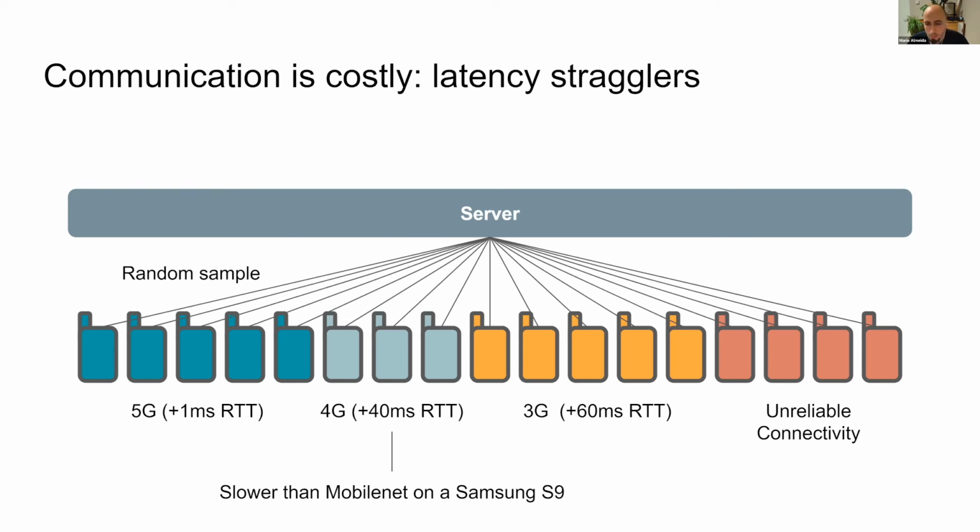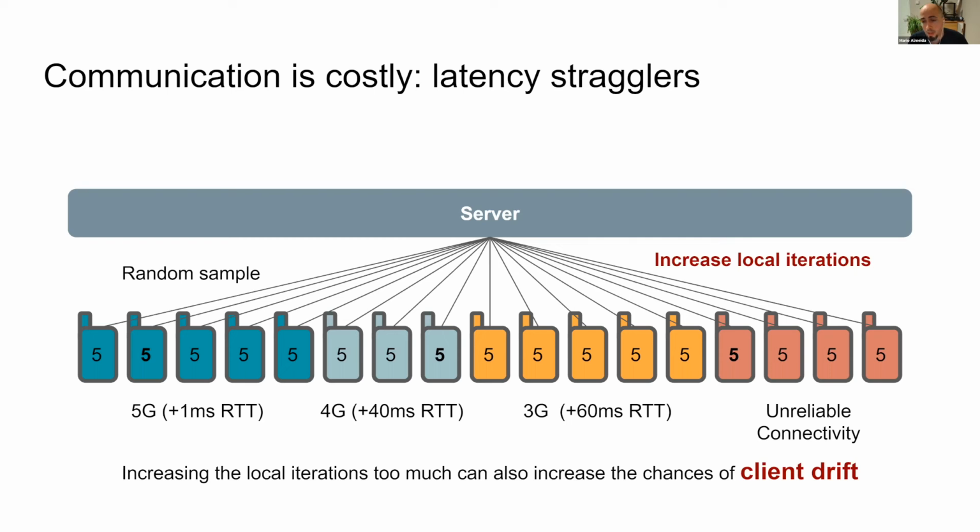So one way that you could tackle this straggler problem would be, for example, in the basic scenario, you typically run only a single step or iteration on the mobile phone. But if you decide that you want to run more local iterations, then you can understand that now you're going 5 times through the data. So you don't have to communicate so much.